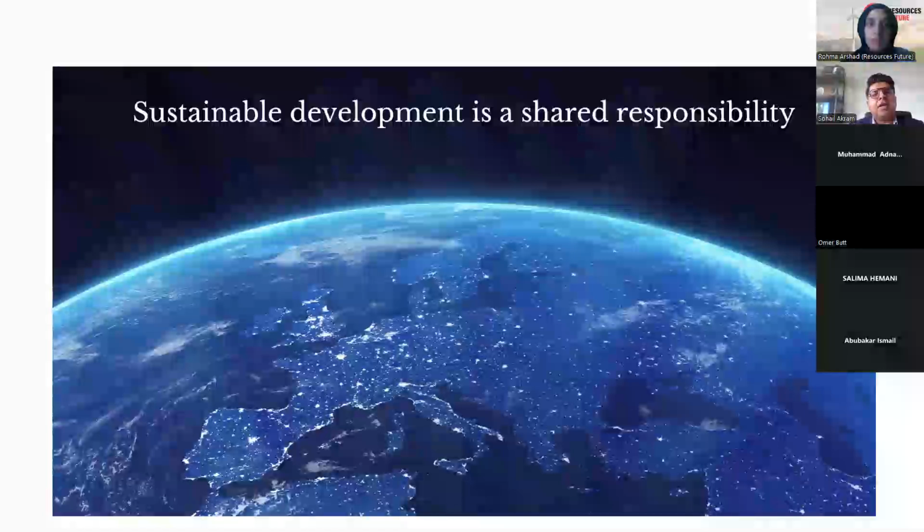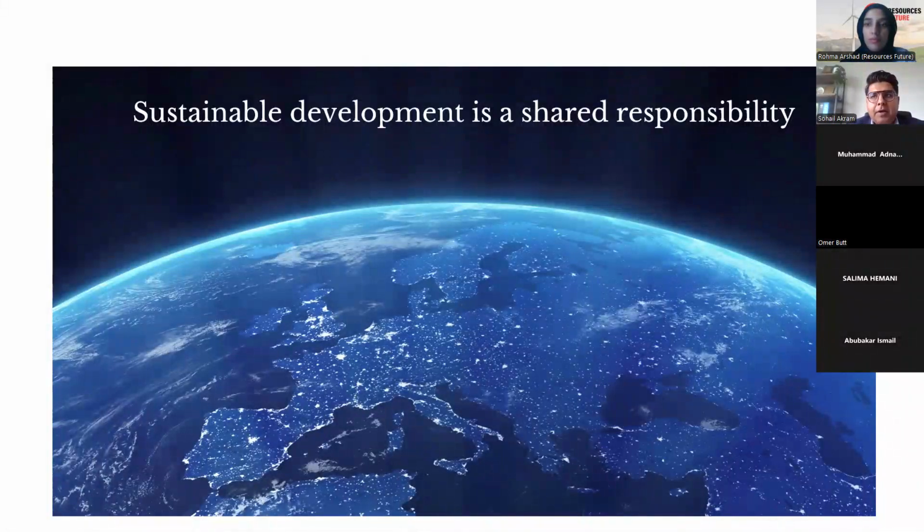So sustainability reporting and sustainable growth are interconnected, interlinked, and it's a shared responsibility. It's a collective responsibility for all of us, and businesses have a very crucial and important role in ensuring this sustainable growth.